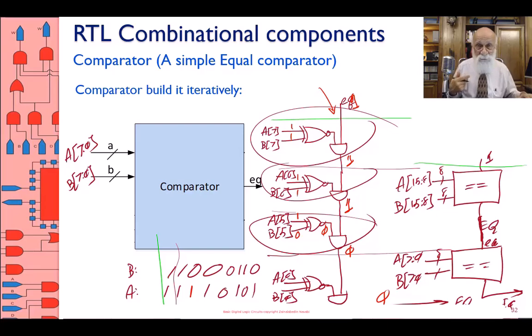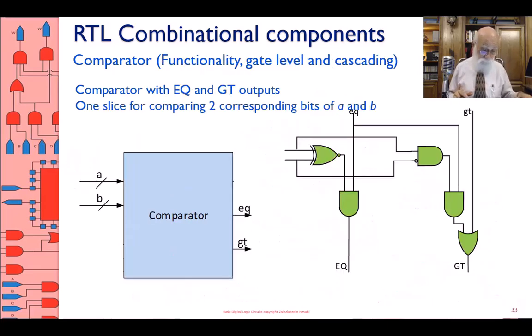I'm going to extend this now to a comparator that does equal and greater than. Okay, once again, I start with coming in assuming that A and B are equal so far.